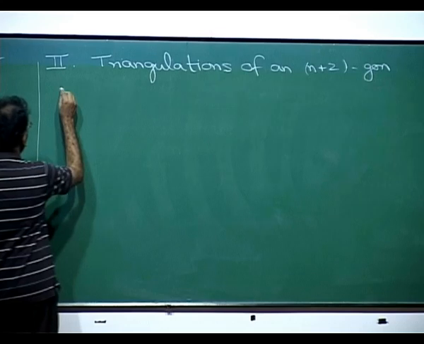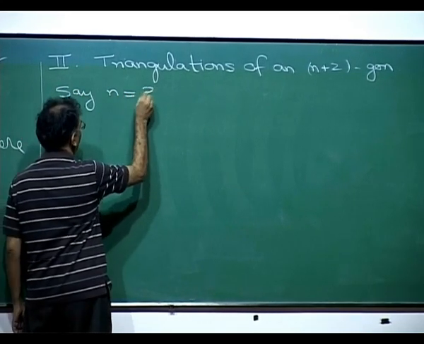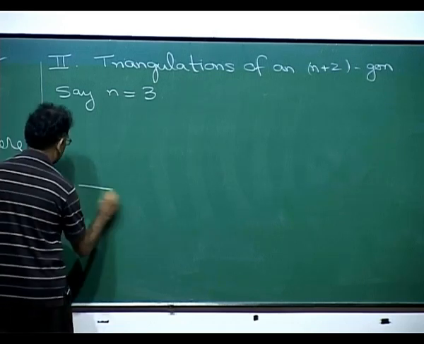So for example, again let me begin, say n is 3. So n plus 2 is 5. So we are talking about a pentagon here. So I want to take a pentagon and divide it into triangles by drawing diagonals, cut it up into triangles.